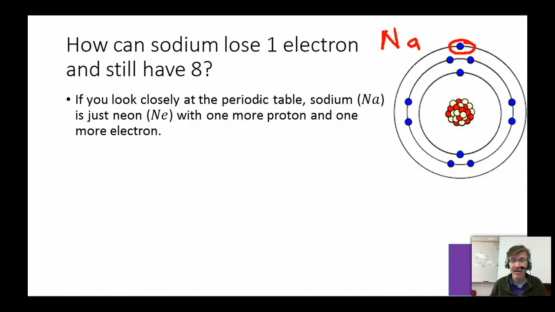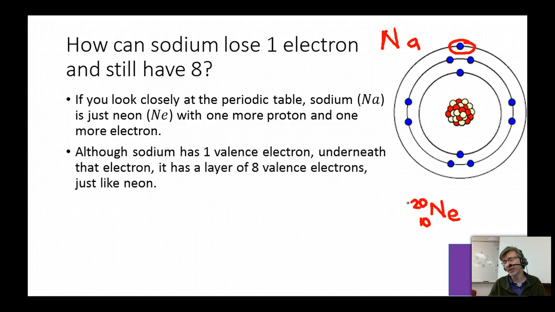See that? Because neon is 10. So take a look. Here's neon. Neon has 10 protons, 10 electrons, and 10 neutrons. Sodium has, looks like, maybe 12 neutrons, so it also has a couple of neutrons that are different.